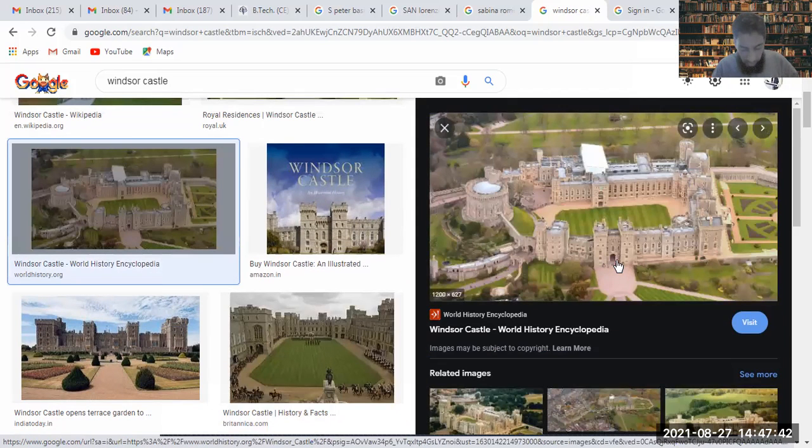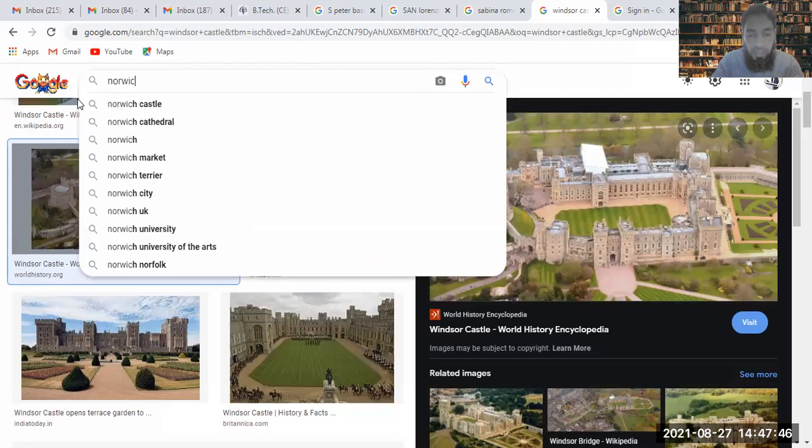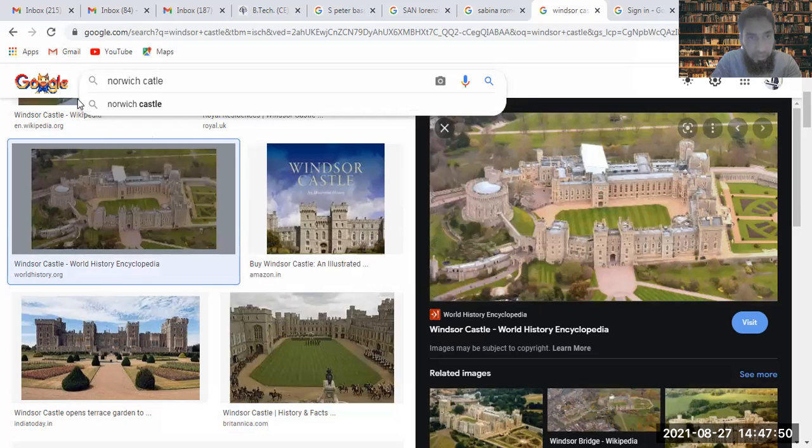So this is one castle, Windsor Castle, constructed before the Norwich Castle. Then came the Norwich Castle, constructed around 1000 AD.